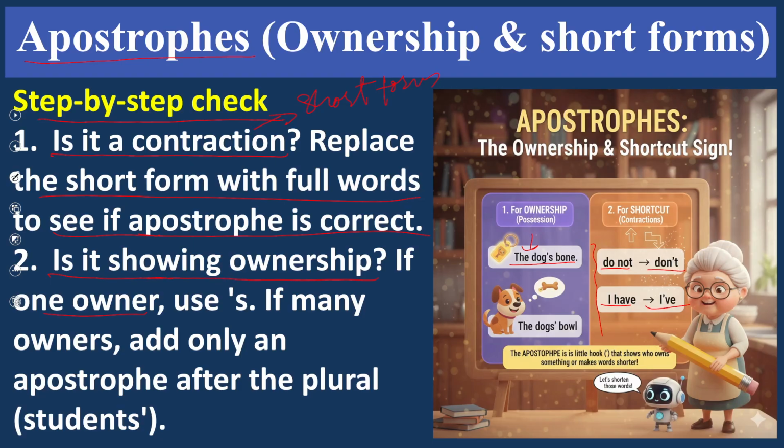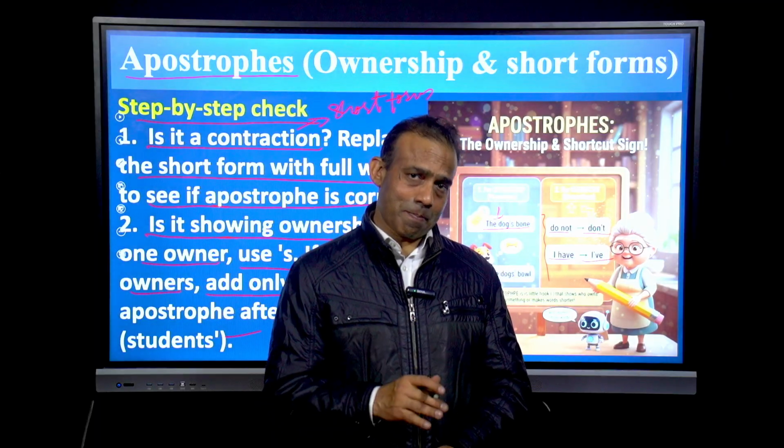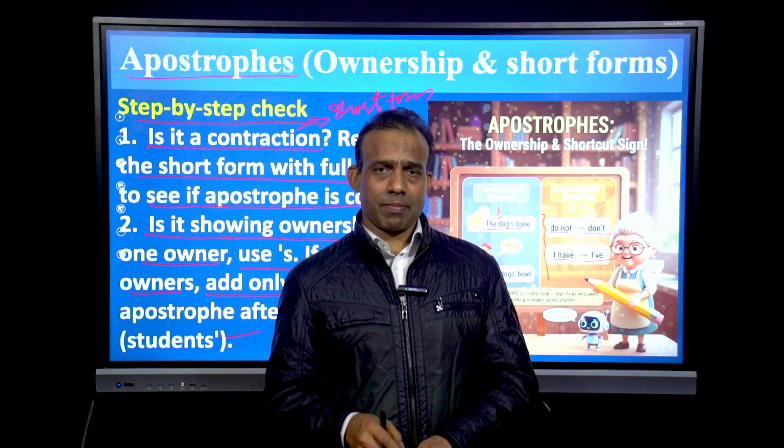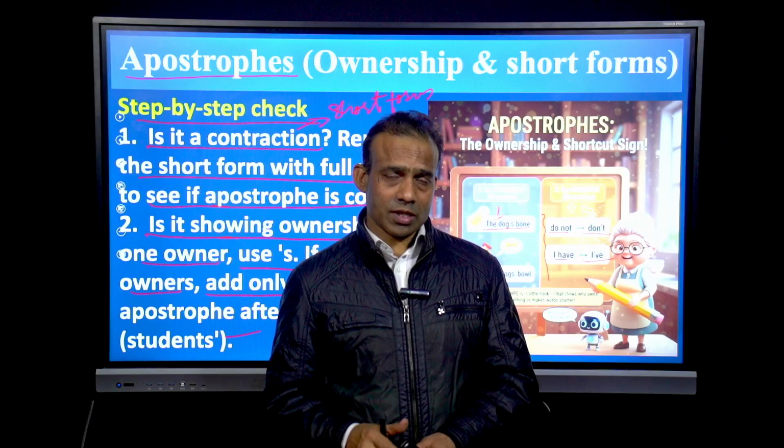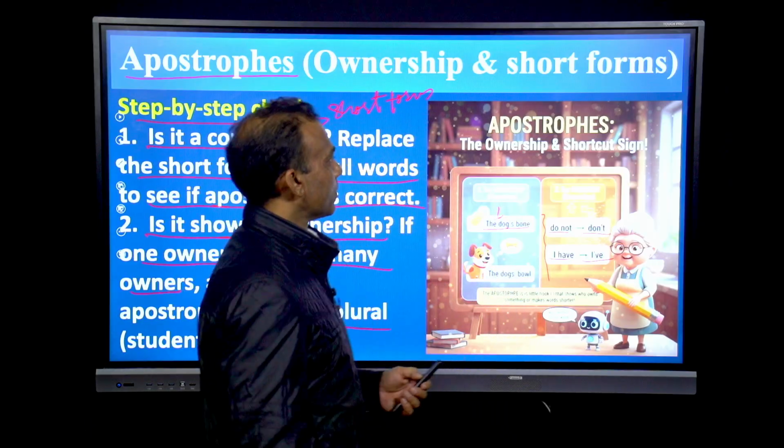If one owner, use apostrophe s. If many owners, add only an apostrophe after the plural s, like students. So now, once again, we have reinforced the same concept in this slide as well. Now, move to the next slide.